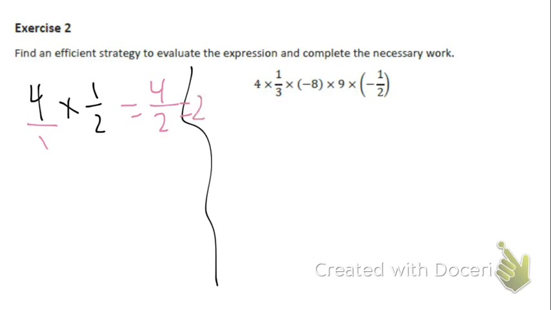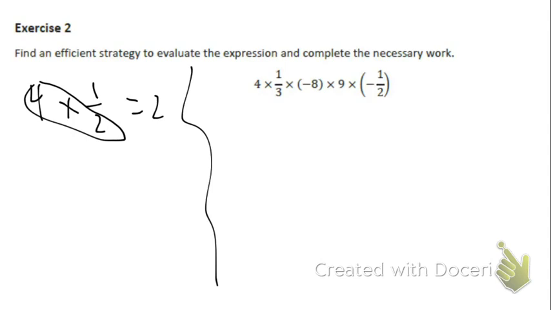But I want you to be able to look at the problem and not even have to do all these steps. This is basically asking what's half of 4, or you could think of it as 4 divided by 2, just 2.